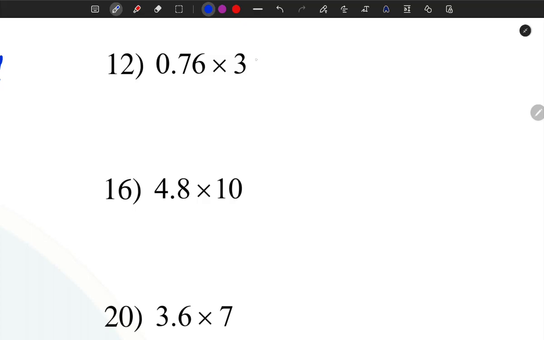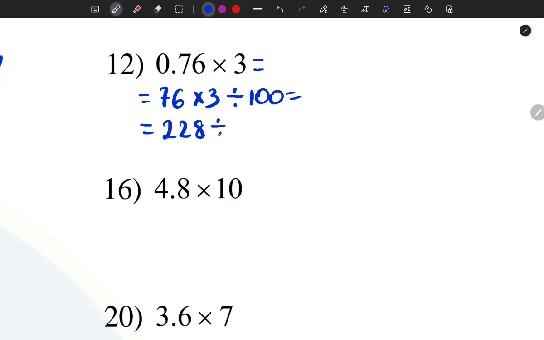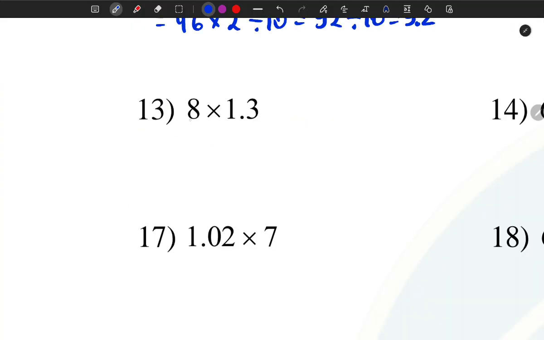Here first we need to multiply 76 by 3, then divide by 100, and we get 228 divided by 100, it gives us 2.28. When we multiply 8 by 1.3, it gives us what number?